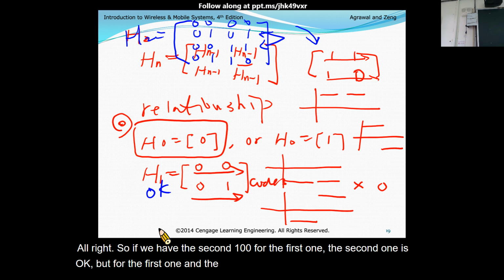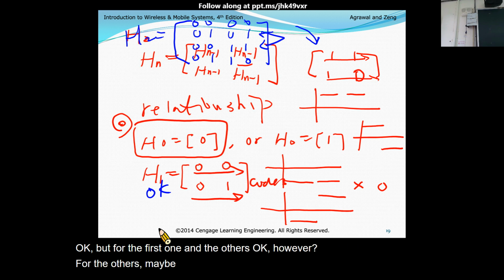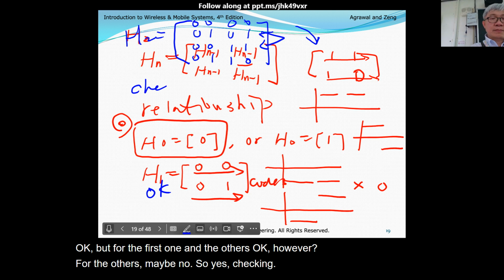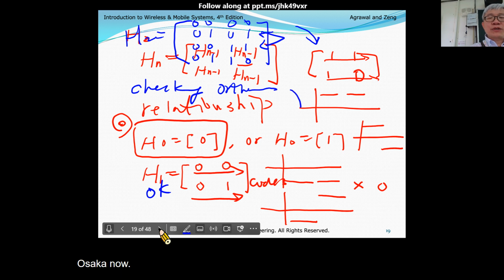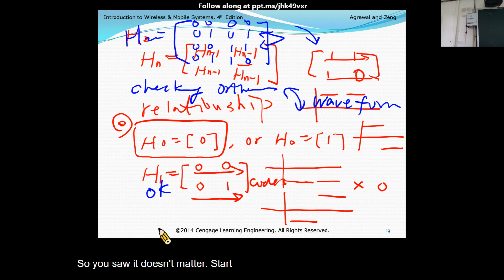However, for the others, maybe no. So yes, checking orthogonality, we should use the waveform. It doesn't matter whether you start from 0 or start from 1.